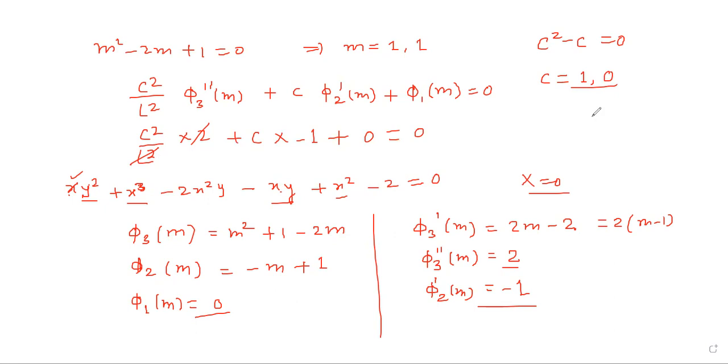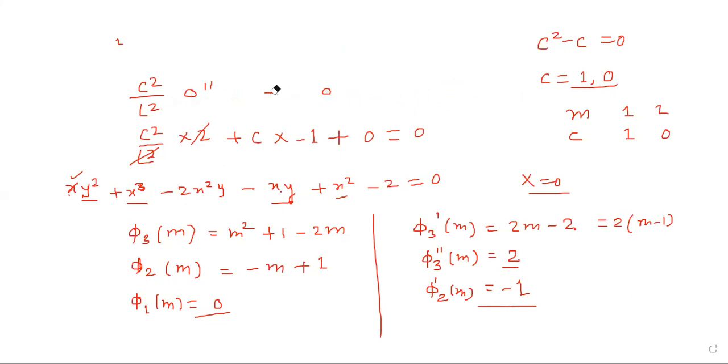So we have got m equal to 1, 1, and corresponding values of c are 1, 0. So we can write the asymptotes by using the formula y equal to mx plus c.